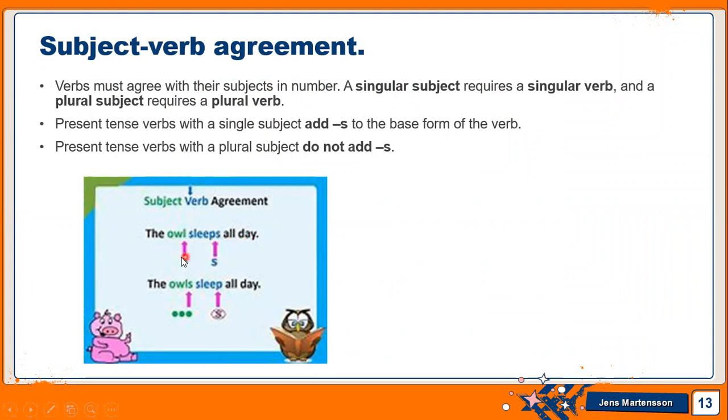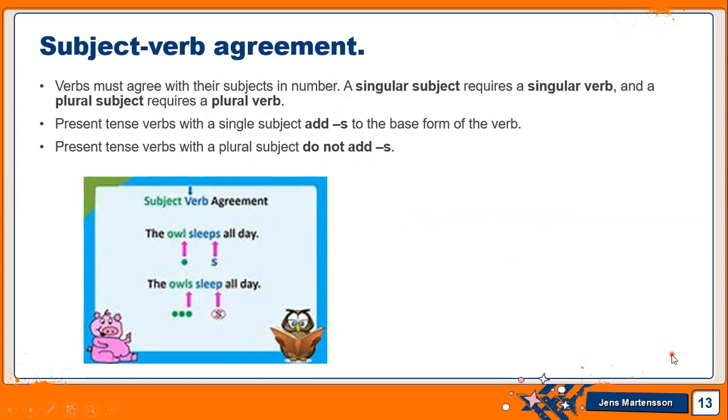Owl, one, singular, so sleeps took an S. However, when the subject is plural, it should take a plural verb, which means a verb that does not have an S at the end. So, as in this example, the owls sleep all day. Owls, two or more, group of owls. So in the plural, sleep, I remove the S.